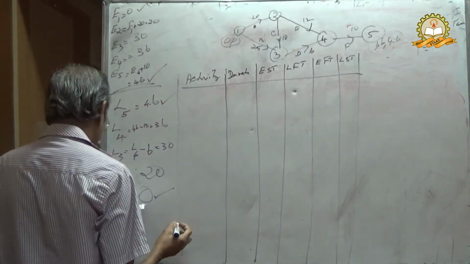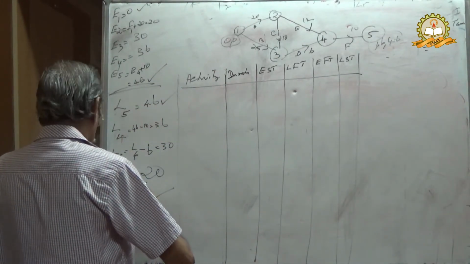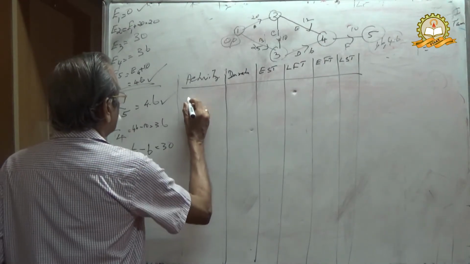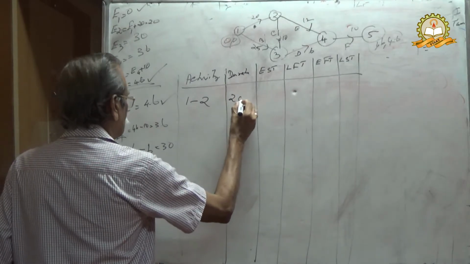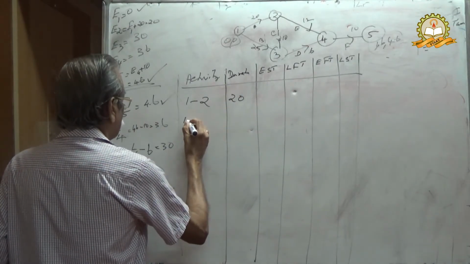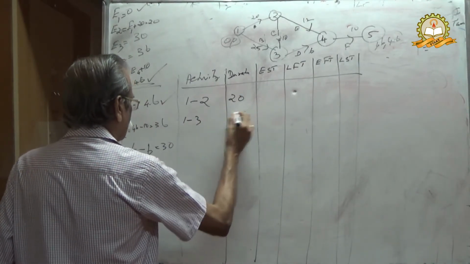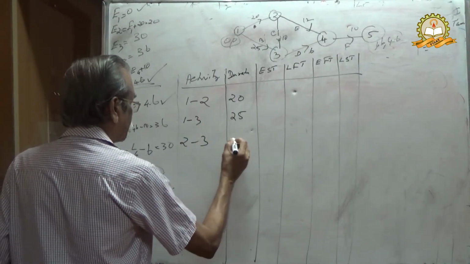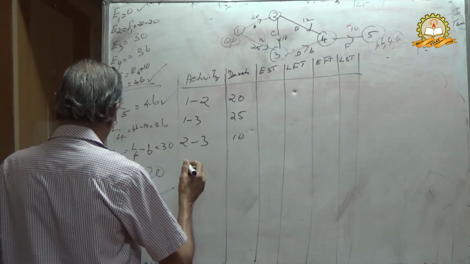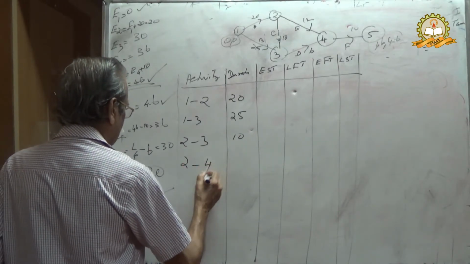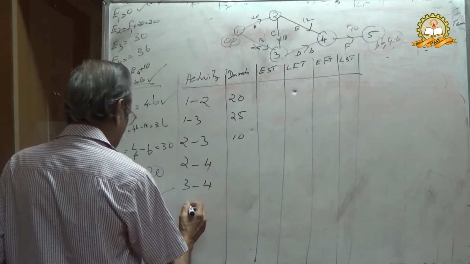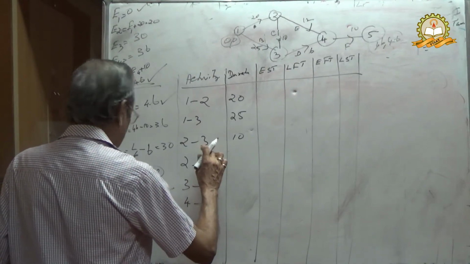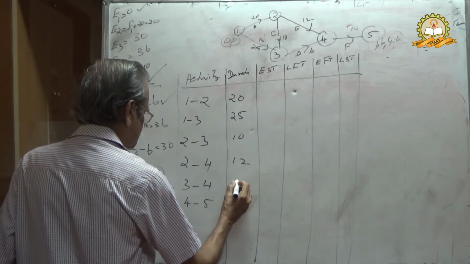Then you have the activities 1-2, 1-3, 2-3, 2-4, 3-4, 4-5, with durations 20, 25, 10, 12, 6, 10.